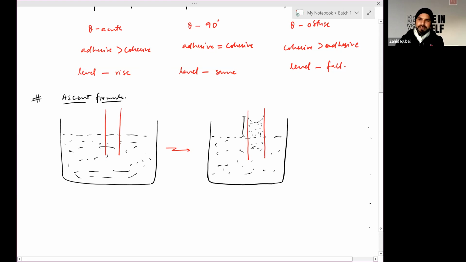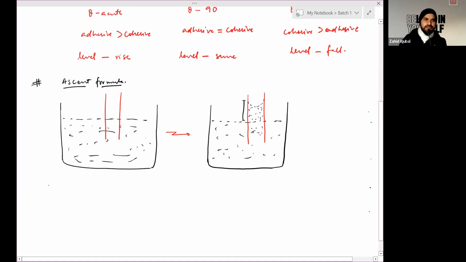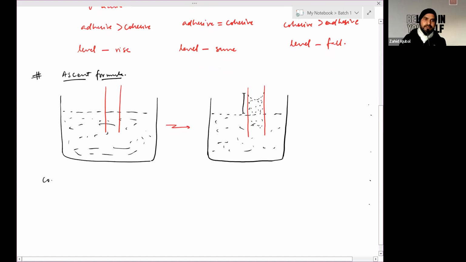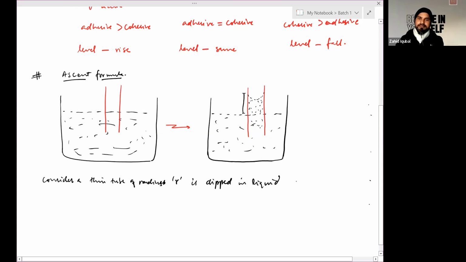So in this part, I have just assumed, consider a thin tube of radius r dipped in liquid.